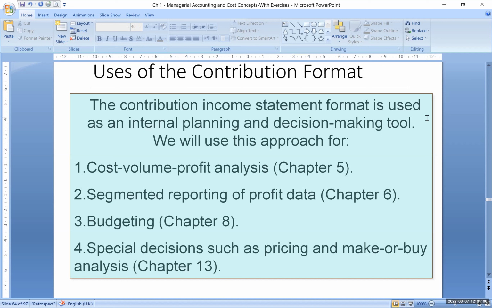Chapter 8, we will use the contribution format. In chapter 13, definitely we need to use the contribution format, special decisions such as pricing and make or buy analysis. So be careful about this format for the income statement. We will use it for chapters 5, 8, and 13, definitely.